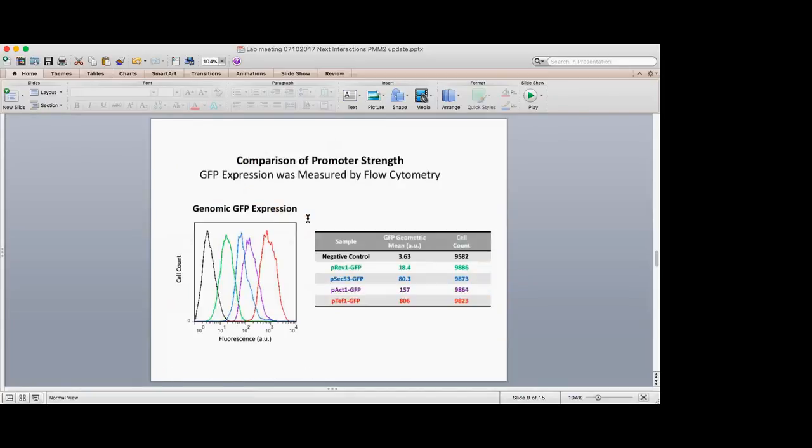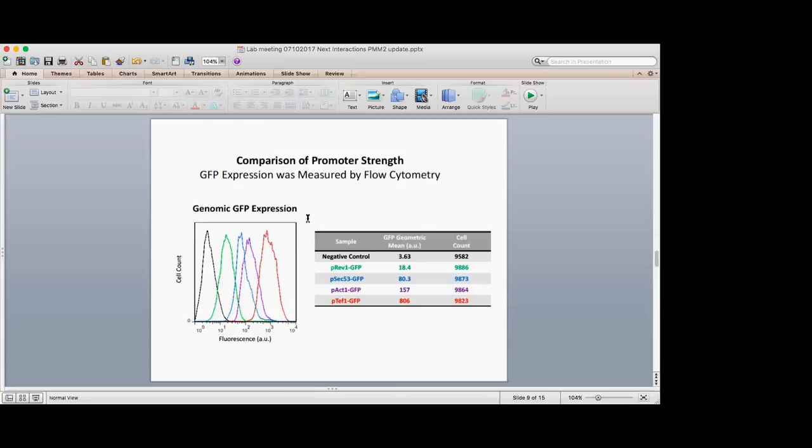So I said before that we were able to not only test different Sec53 mutants, but also test different promoter strengths driving those mutant Sec53 proteins. And this is just data showing you that indeed we do have promoters that have different strengths. All you should really be paying attention to here are the plots on the left, the cell count versus the fluorescence.